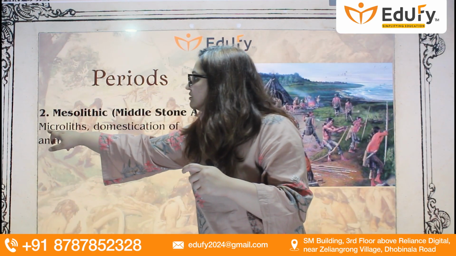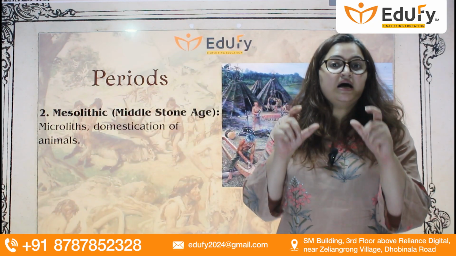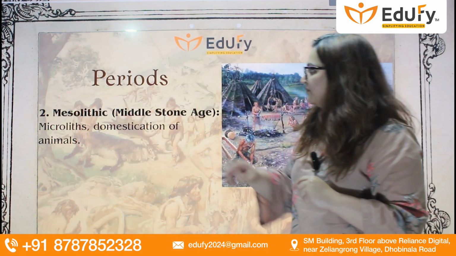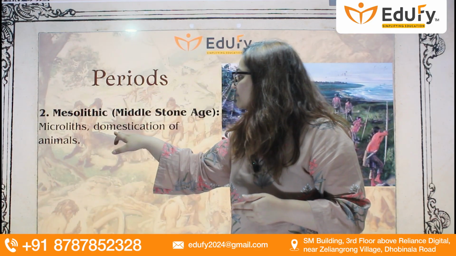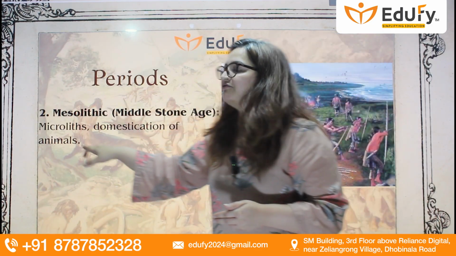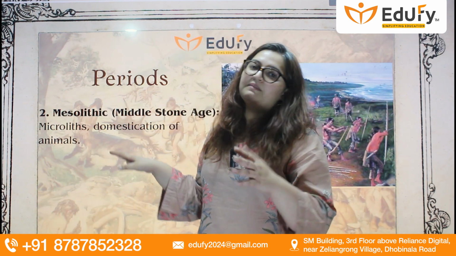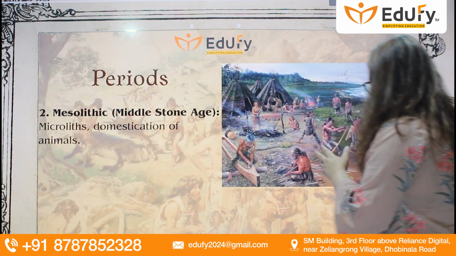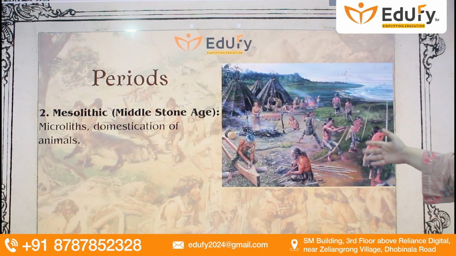You will see the use of microliths. Microliths means small stone tools. And one specific thing that has come is that domestication of animals begins. Man will start domesticating sheep and goats. So you will see the picture of the Mesolithic era.